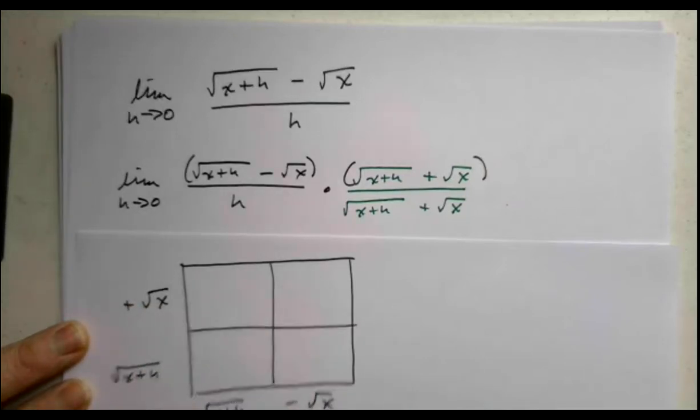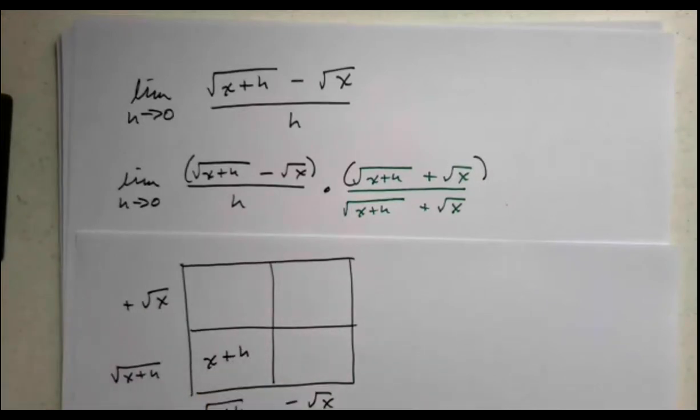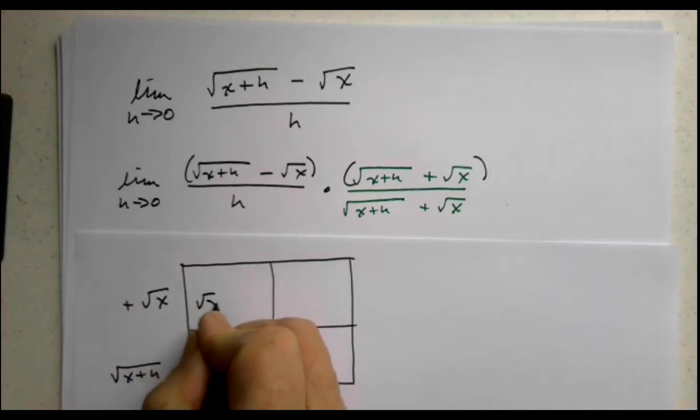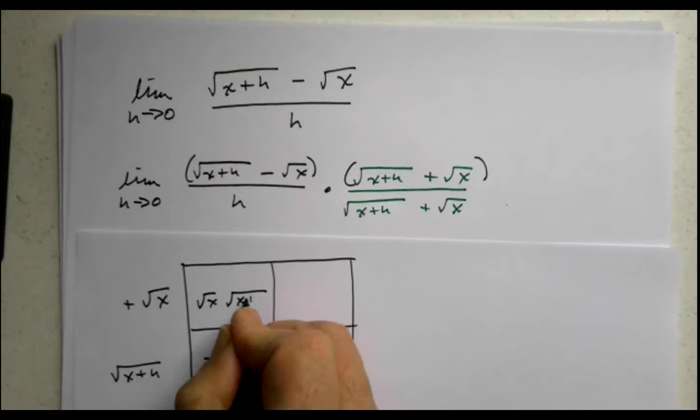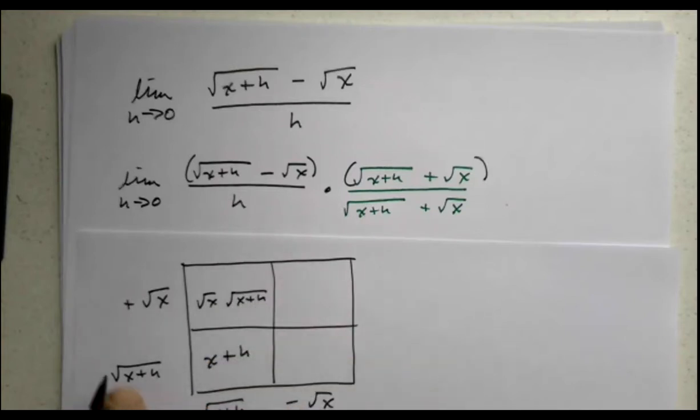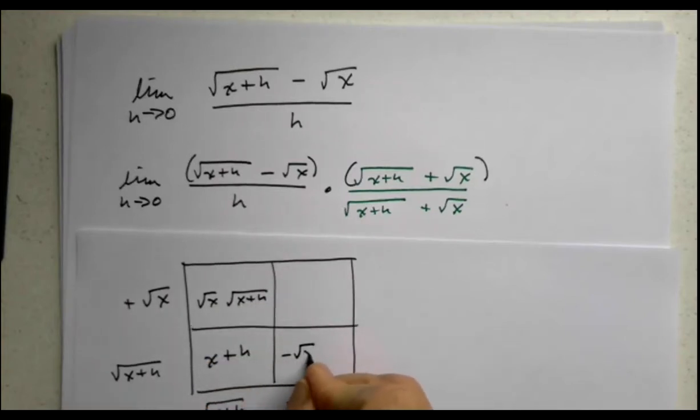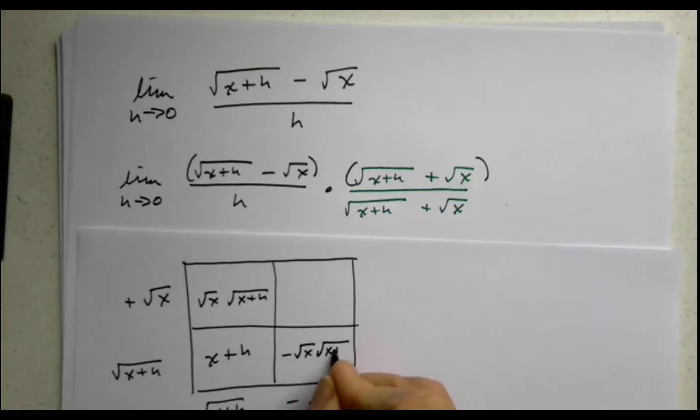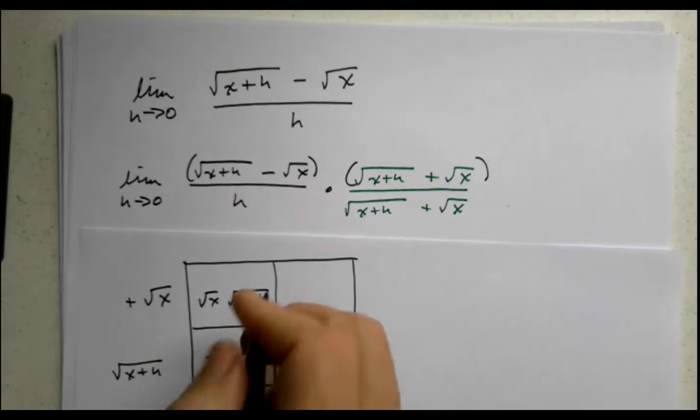So root x plus h times root x plus h is x plus h. Plus root x times root x plus h. Minus root x times root x plus h. Notice those will cancel nicely.